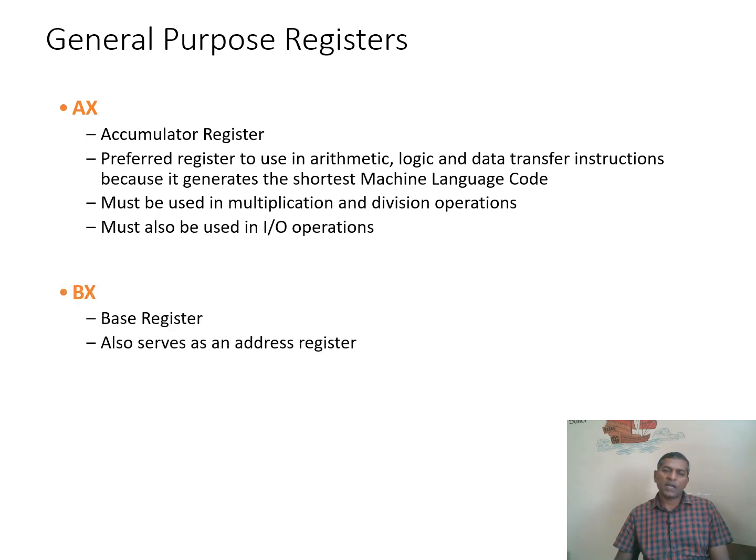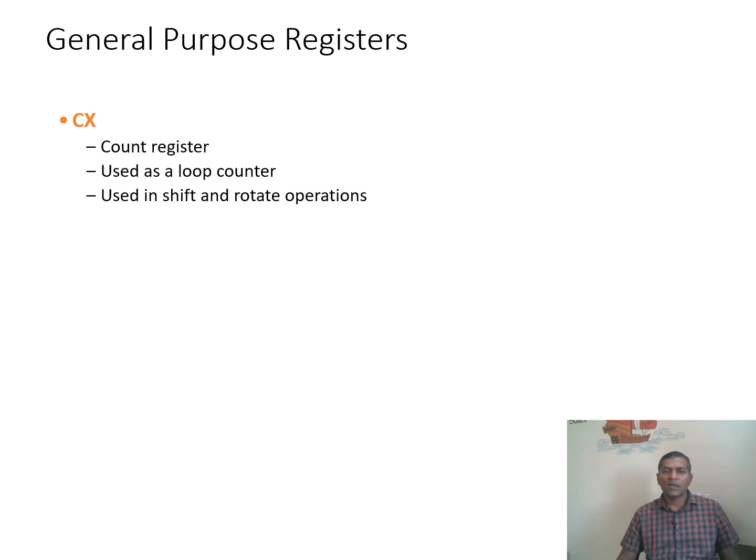Then the BX register will be used as a base register whenever we are working with some data. It also serves for generating addresses sometimes. CX is a counter. Whenever we are using loops, then this will be used.